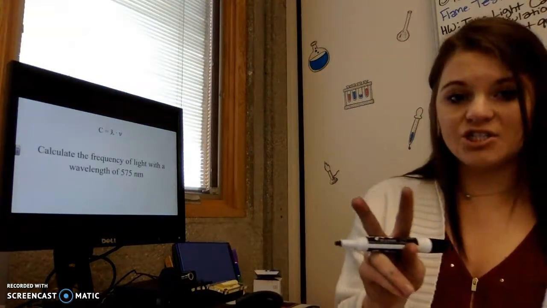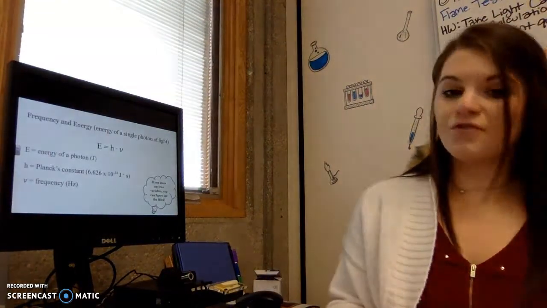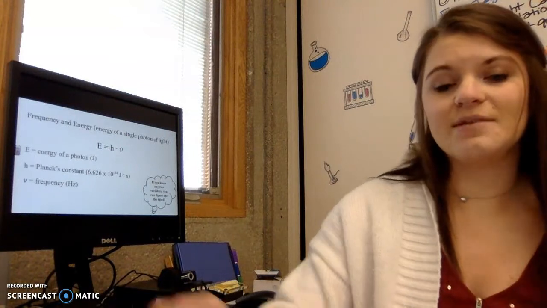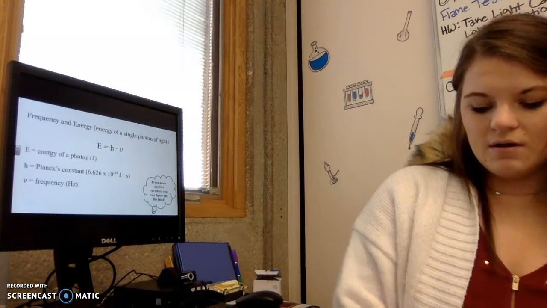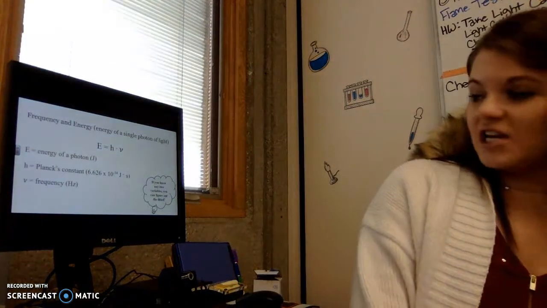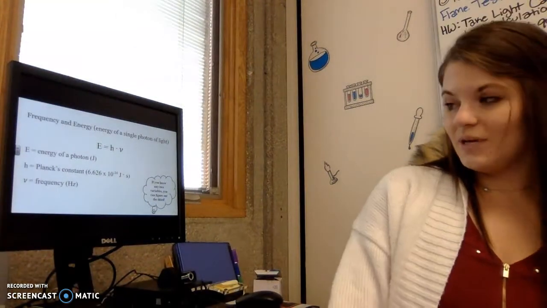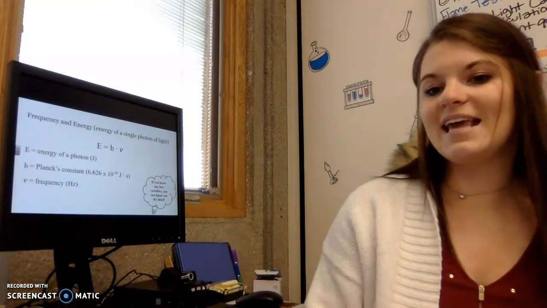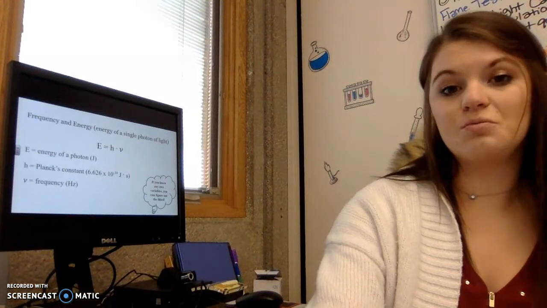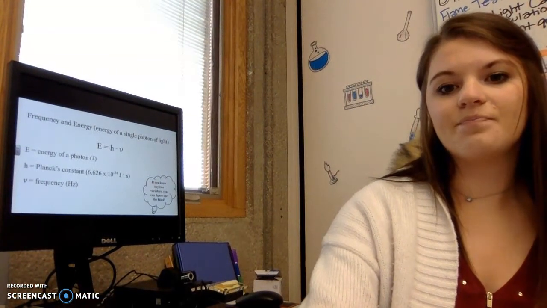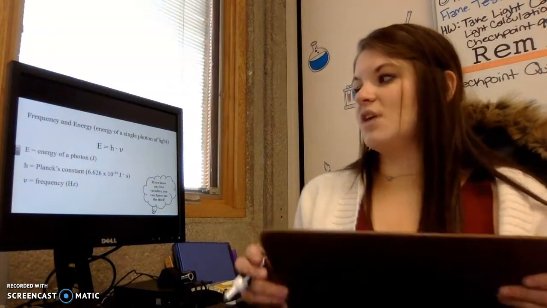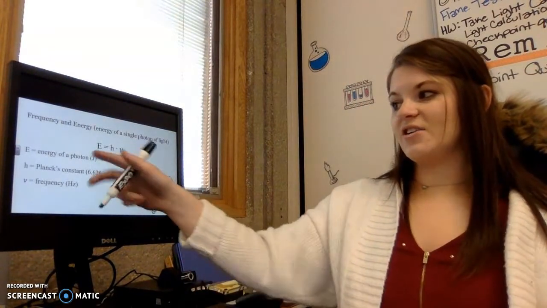The second relationship I want to talk about is frequency and energy. The new equation is capital E equals lowercase h times nu. E stands for energy of a photon.